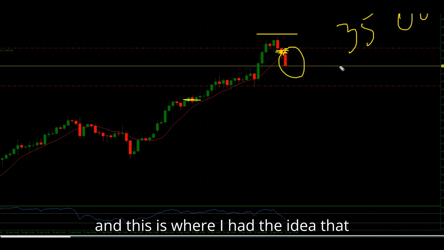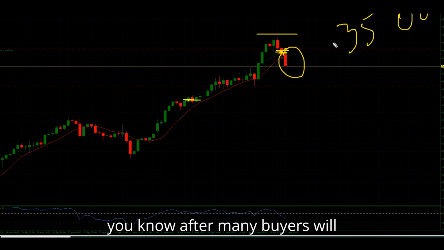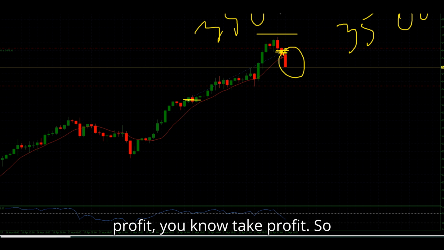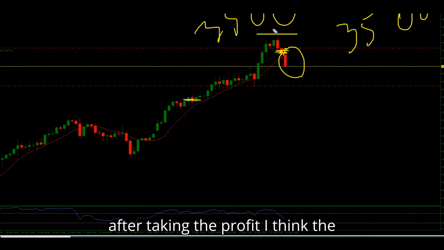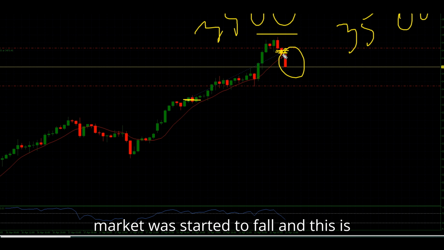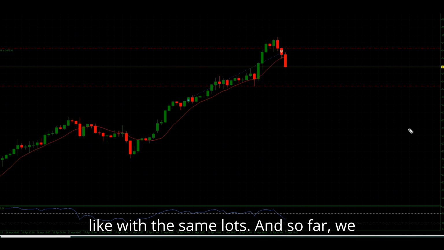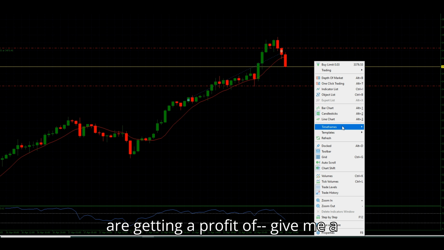I had the idea that many buyers have 3,500 as their take profit. After they take profit, I think the market would fall, and this is what I expected, so I re-entered with the same quantity, the same lots.